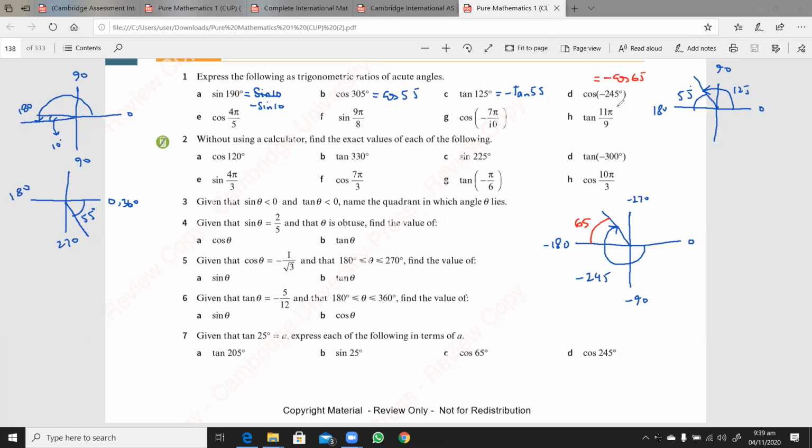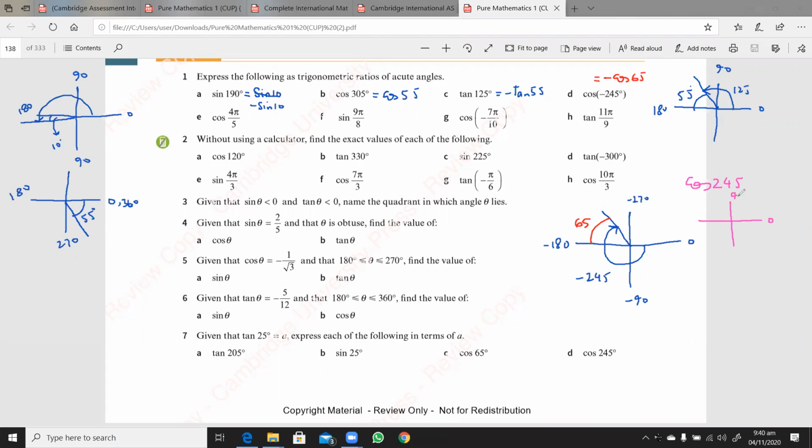A very interesting thing that I'm just going to ask you. Let me see who gives me the right answer first. Tell me what would be cos 245? What will be this cos 245? This time we have to go anti-clockwise.